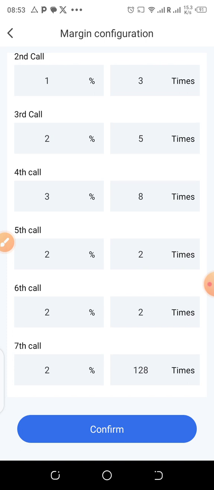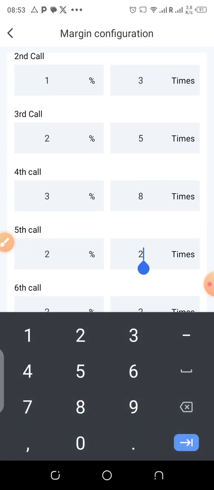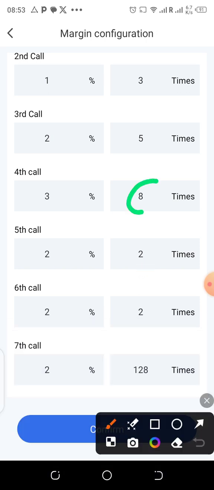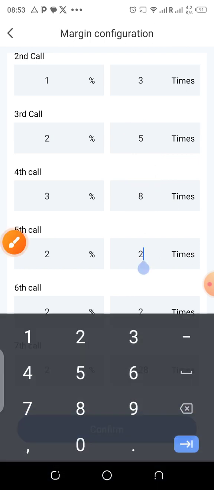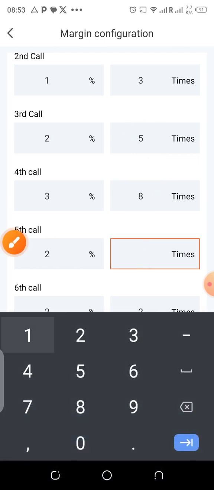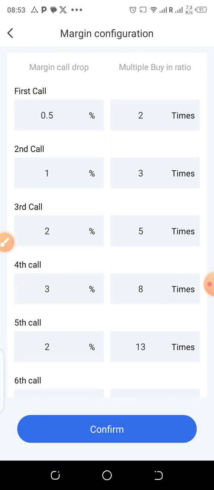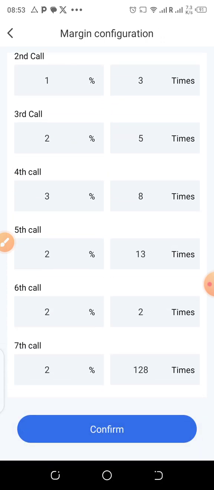Now on the fifth call, if you want to use the Fibonacci strategy throughout, you are going to say 8 plus 5, you get 13. So that is the Fibonacci.